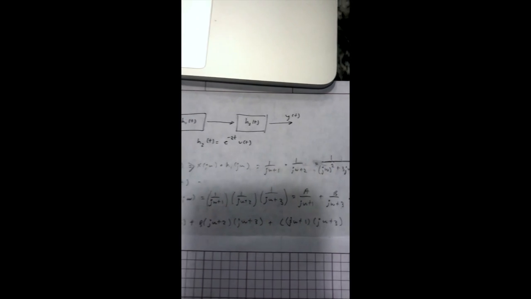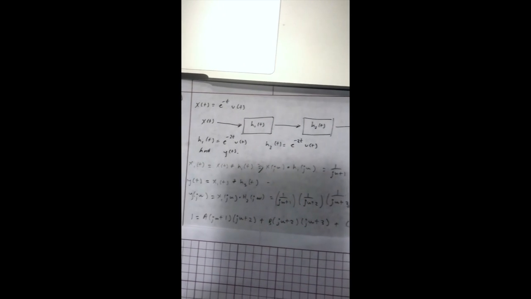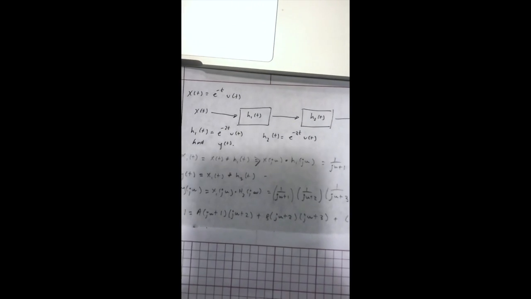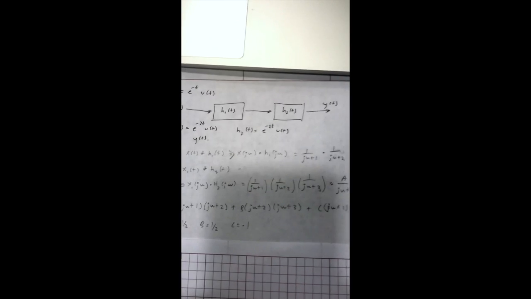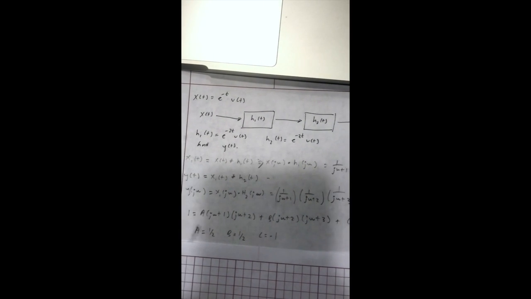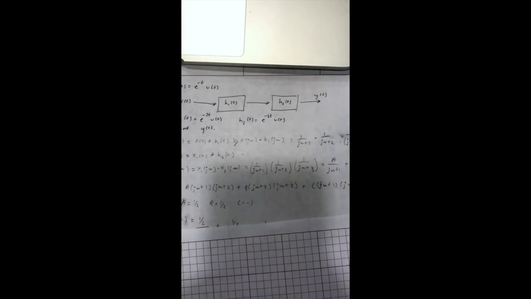So you get 1 is equal to A (j omega plus 1)(j omega plus 2) plus B (j omega plus 2)(j omega plus 3) plus C (j omega plus 1)(j omega plus 3). Now I'm going to let you solve for these coefficients, but here they are. You get A equals 1/2, B equals 1/2, and C equals -1. This could be a little exercise for you to work on.